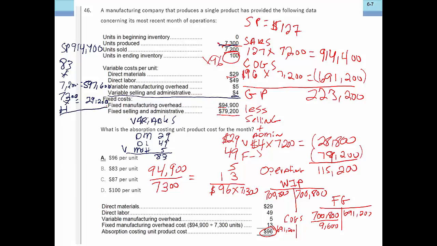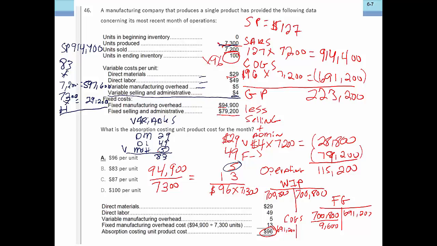Okay, so that gives me now, have I taken out my variable costs? Got my direct material, got my direct labor, those are variable, got my variable manufacturing overhead, that was the 5 included in the calculation to get my variable product cost.